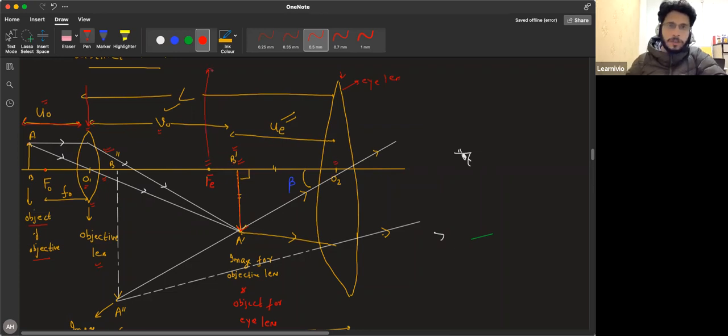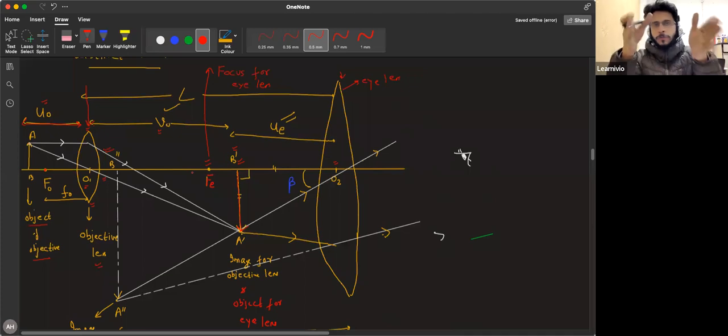This FE is the focus for the eye lens. For a convex lens, if an object is placed between the focus and the optical center, then the image will be virtual, erect and magnified.